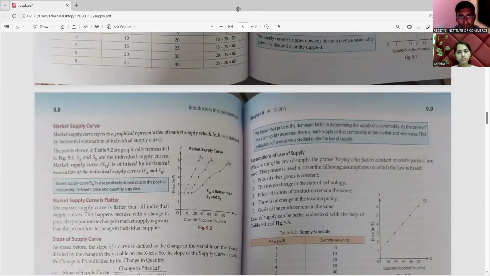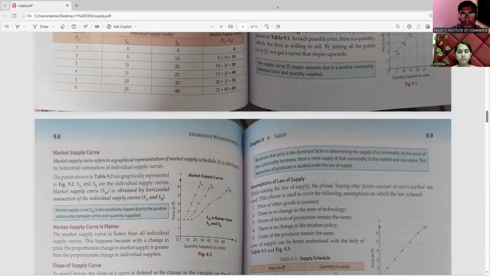Now we can refer to the table. As usual, this axis indicates quantity and this axis indicates price. The rest of the things we can explain with the help of the table. When the price was 1, the quantity supplied by S1 was 0, here is also 0, and here is also 0.